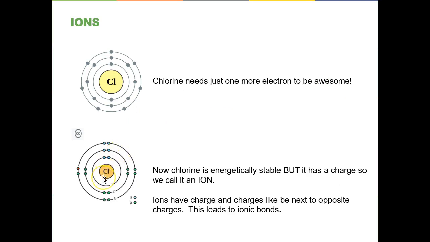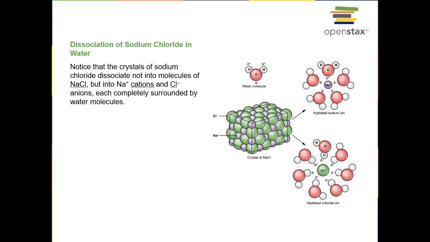Now you have chlorine with an extra electron, so it's got a negative charge, or a charge of -1 now. It is now called an ion, because it is no longer in its atomic state, its elemental state. It is an ion, and it has charge. As you may know, charges interact with other charges, and this is where ionic bonds come from.